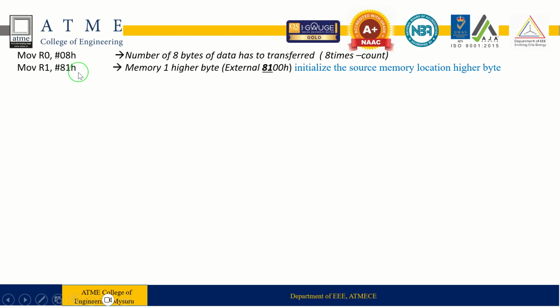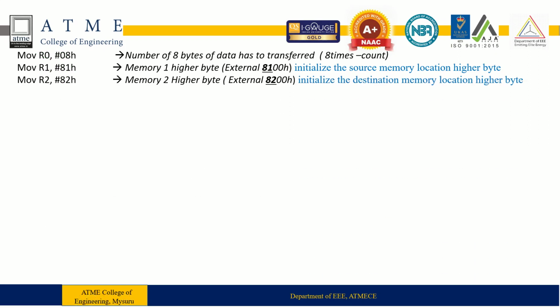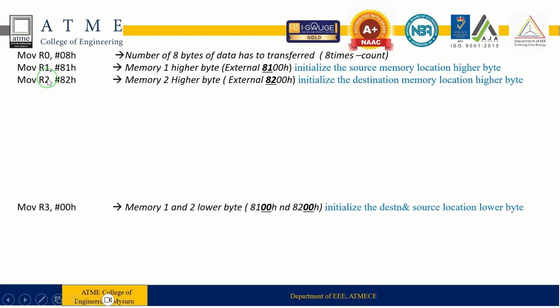Next, take the first external memory location's higher byte, that is 81, and immediately transfer it to the R1 register. Next, for another memory location, the higher byte 82 is immediately transferred to the R2 register.